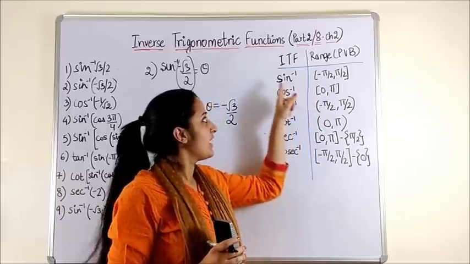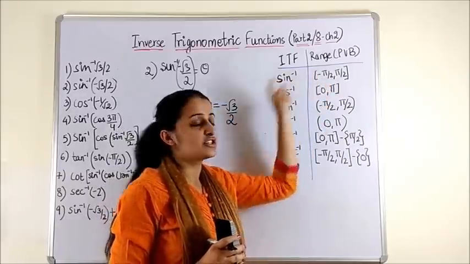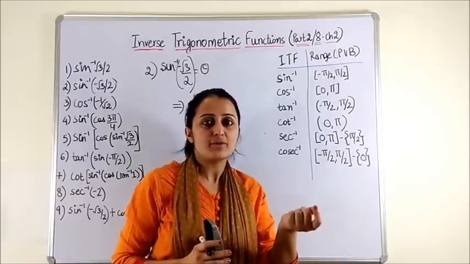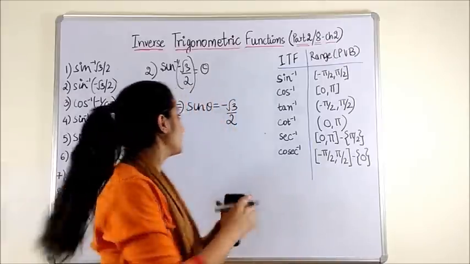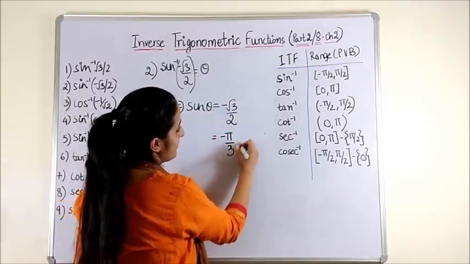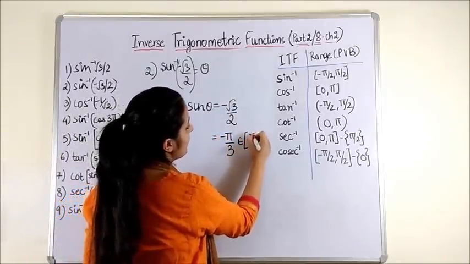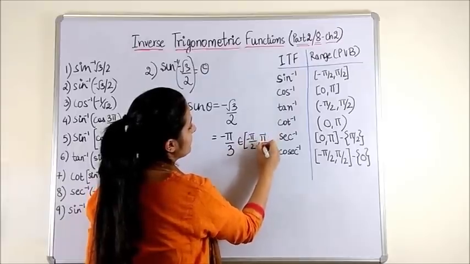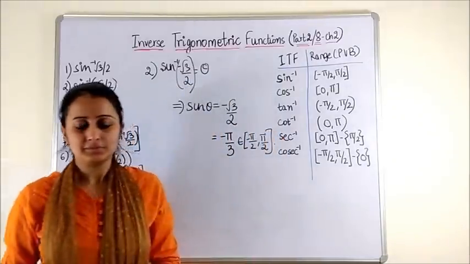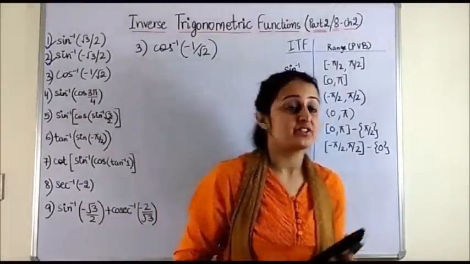Now you know our principal value branch is just lying between minus pi by 2 and pi by 2. So if it's not the first quadrant, it has to be in the fourth quadrant. So this gives us the answer minus pi by 3, which once again lies in the PVB. That's it.